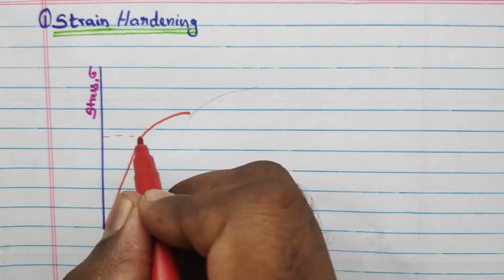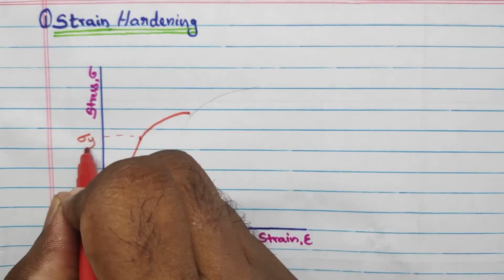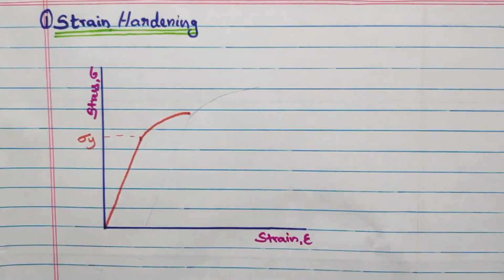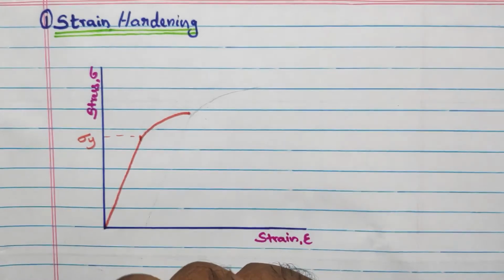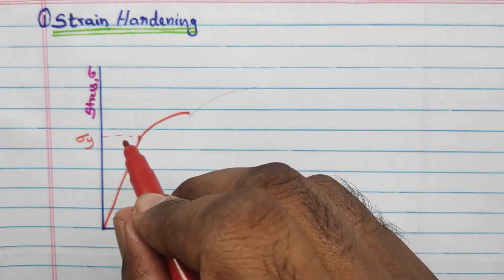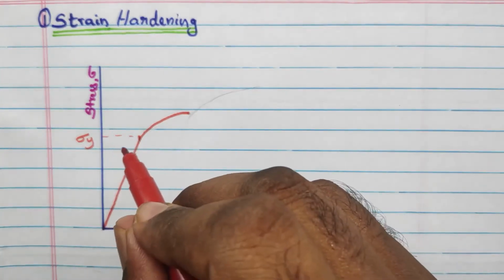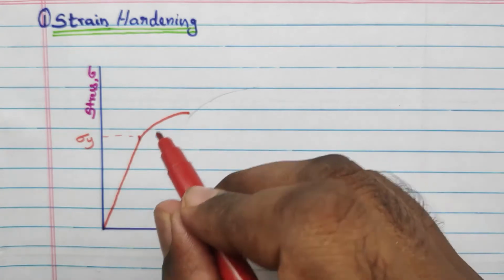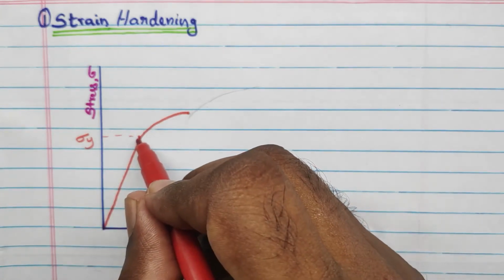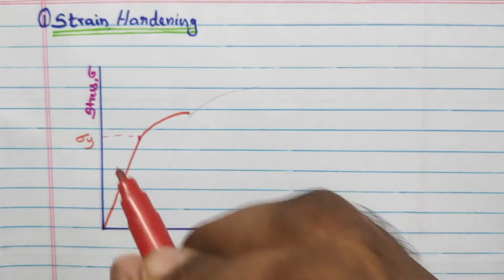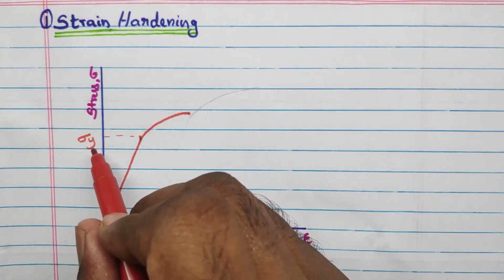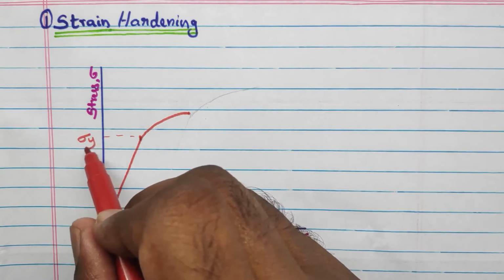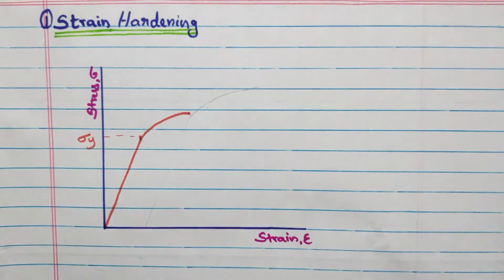This is the yield stress. Yield stress means the point at which the plastic deformation begins and the elastic deformation ends. That's the right thing when we talk about the yield stress.